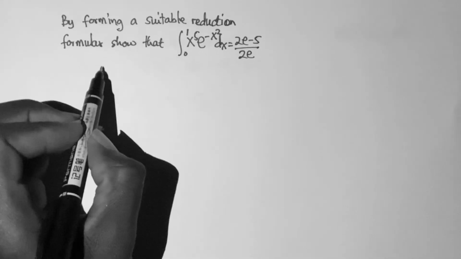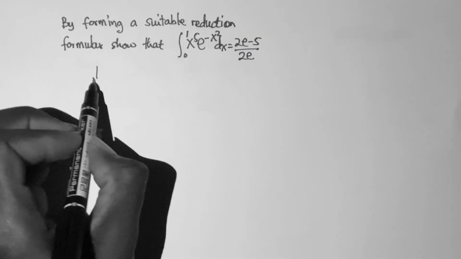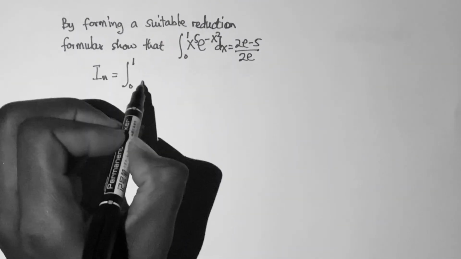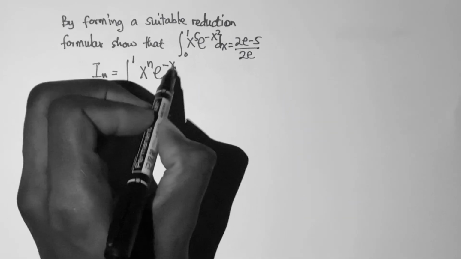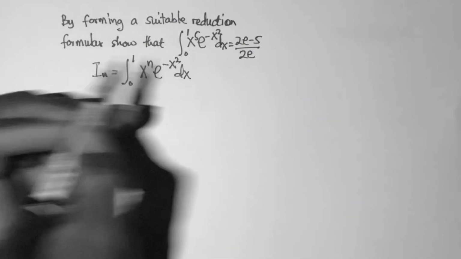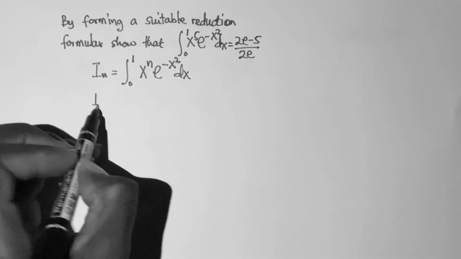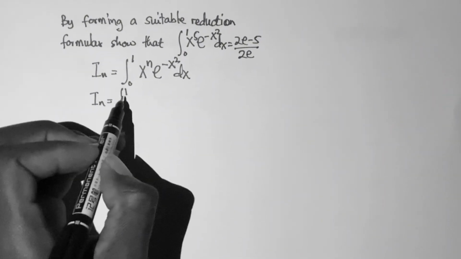From the previous example, we saw that this x was to the power n. So let's let I of n be equal to the integral from 0 to 1 of x^n e^(-x^2) dx. Then we can rewrite this integral as I of n equals the integral from 0 to 1.